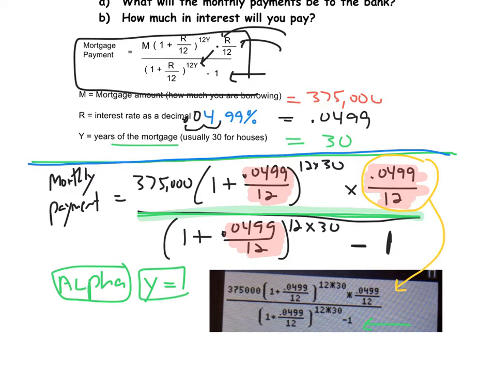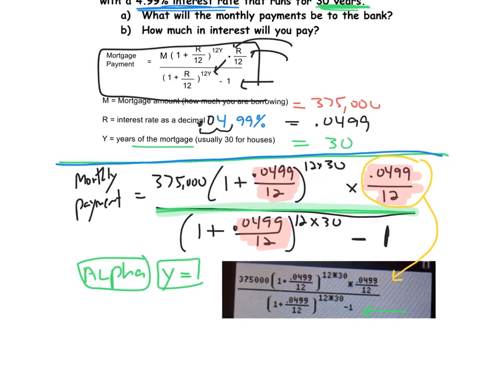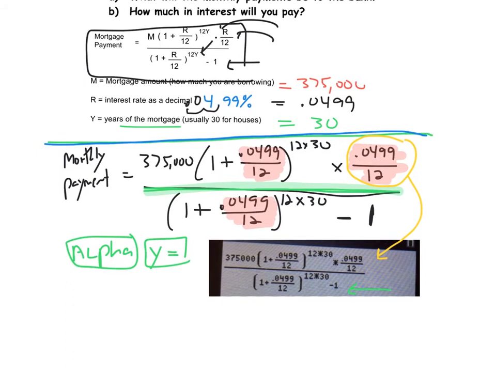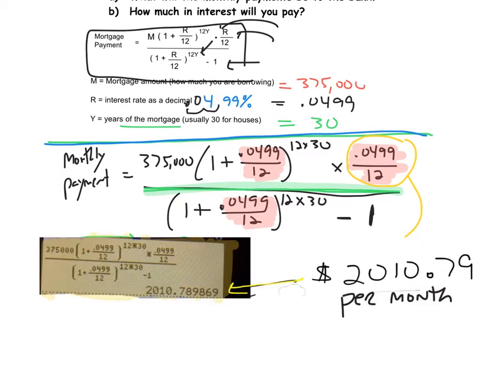So you want your calculator to look exactly like it looks when you plug into the formula. And for this first one, I'll put my answer up now, and I want you to take a picture and include it on this video lesson.